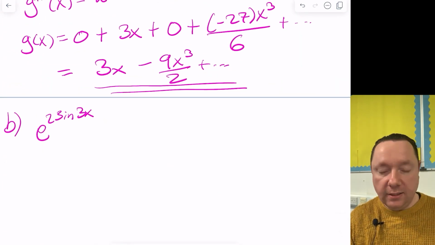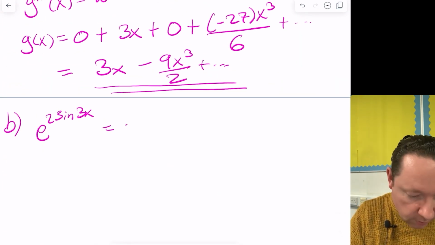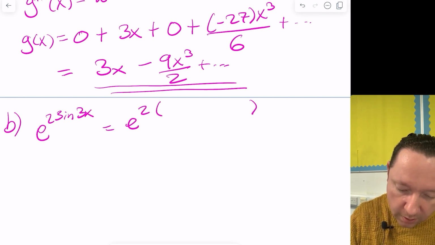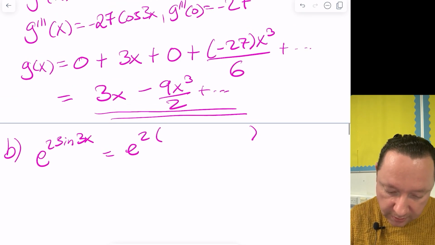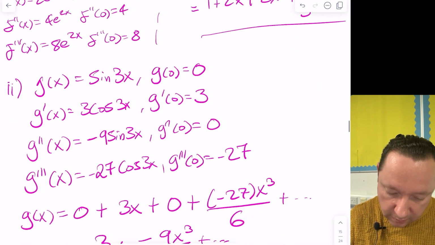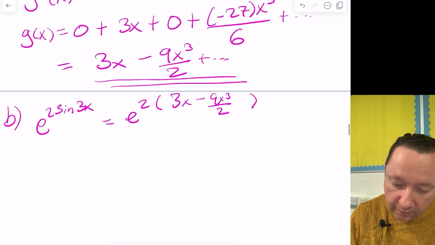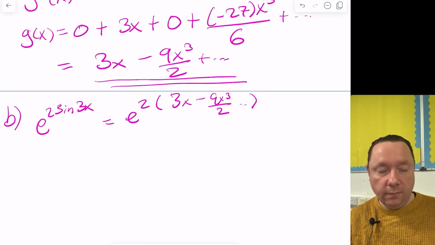So if I expand this out, sine 3x we already know. It's this up here, 3x minus 9x cubed over 2. That's it as a Maclaurin.